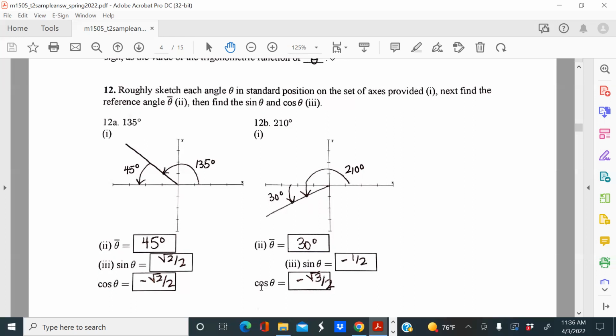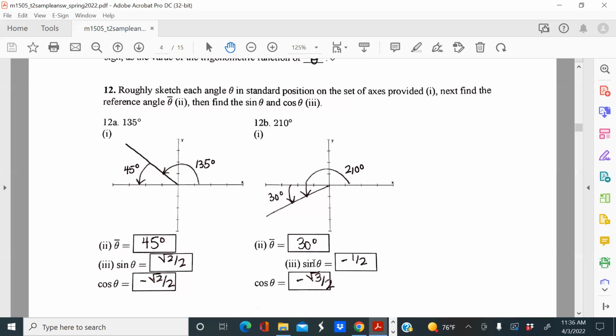So that means the cosine is going to be negative, and the y-axis is negative in the third quadrant. That means the sine is going to be negative as well, right? Remember, sine is associated with the y-axis, cosine is associated with the x-axis. Since both the x and y-axis are negative in the third quadrant, that means both the sine and cosine of 210 degrees are going to be negative.